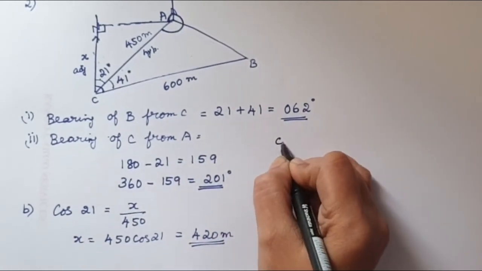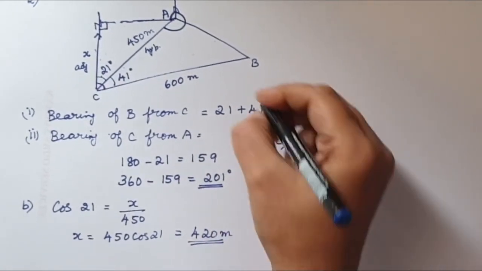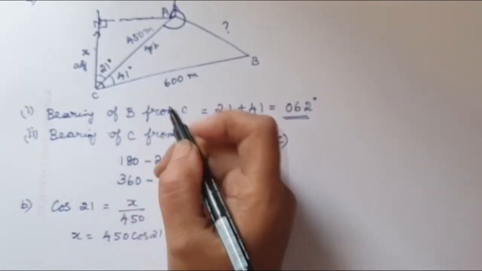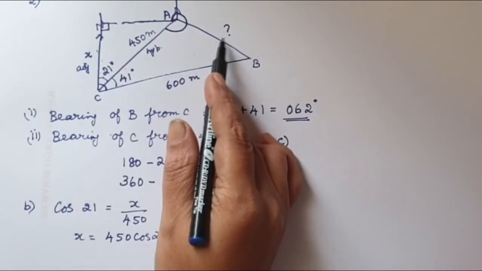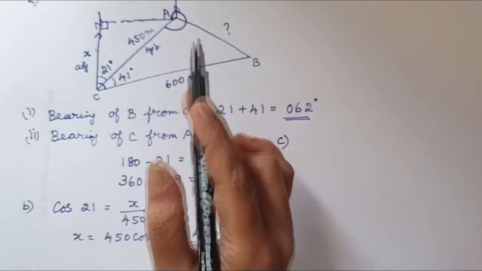Then C part of the question, calculate the length of the road AB, this one. So two sides and the included angle is given to us. So we can find the opposite using the cosine rule.